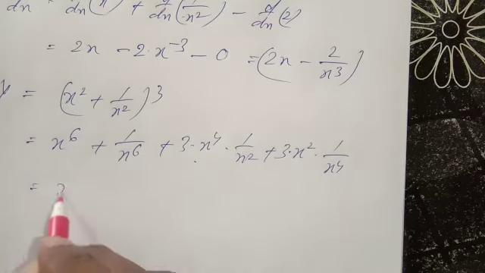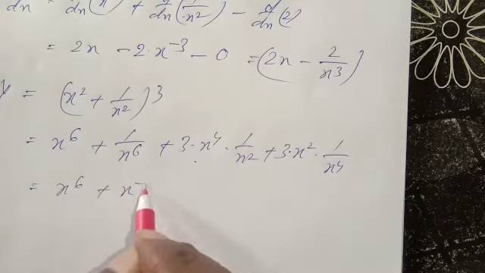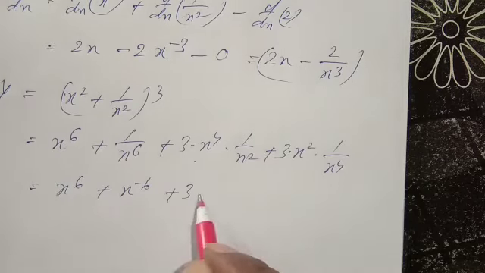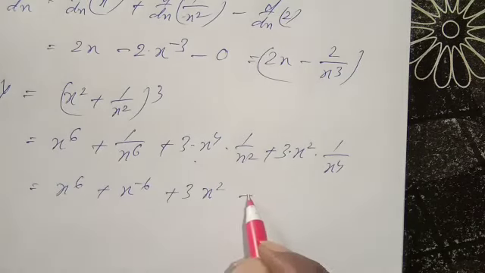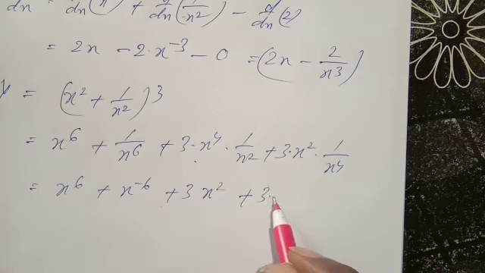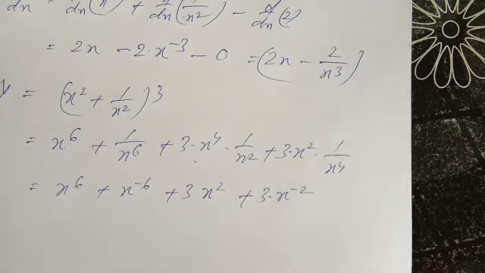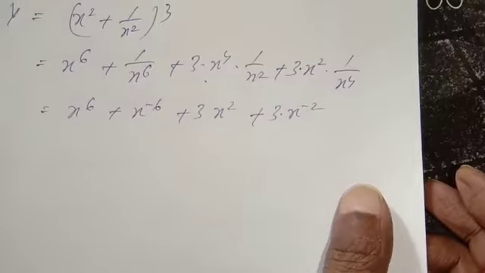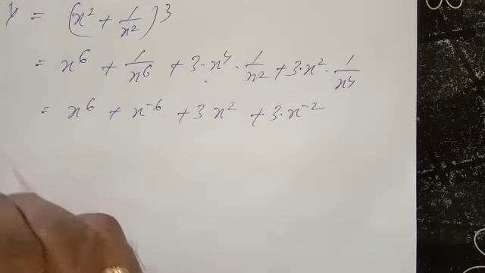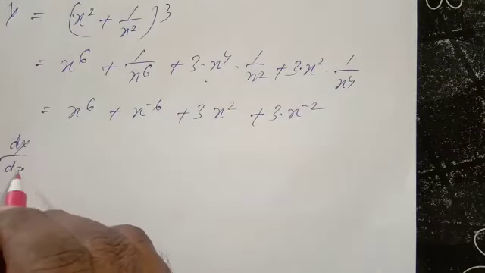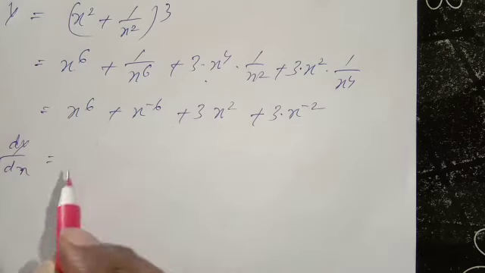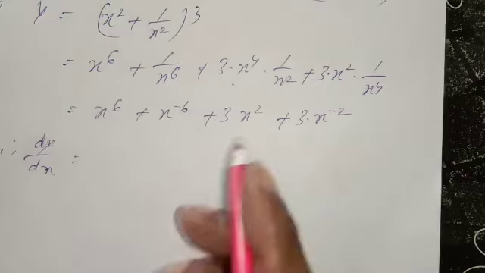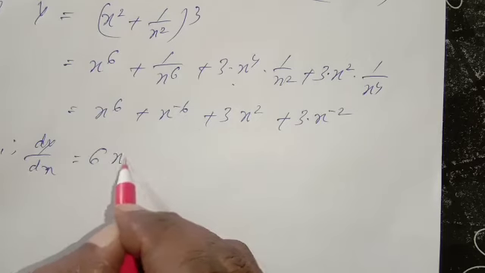Just simplify here, 1 by x to the power 6 will be x to the power minus 6, 3 x square, this will be plus 3 into x to the power minus 2. Next you have to find the derivative individually. Just see how to find it. Therefore dy by dx. So what is the derivative of x to the power 6? Directly doing, this should be 6 into x to the power 5.